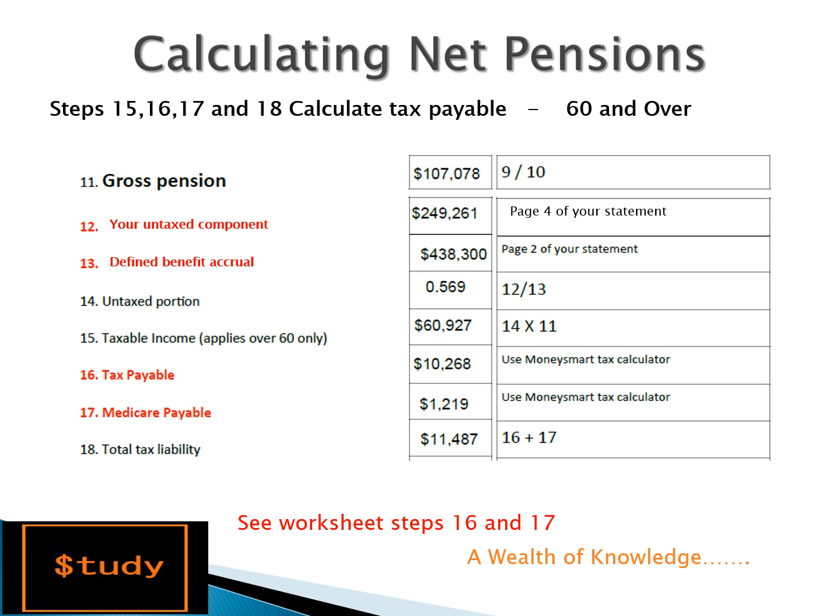In row 16, we put the tax payable. In row 17, we put down the Medicare payable. And in row 18, we literally add 16 and 17 together to give us our total tax liability. So our total tax liability is now $11,487. So on that $60,000, nearly $61,000 of taxable income, we're paying about $11,500 in tax so far.